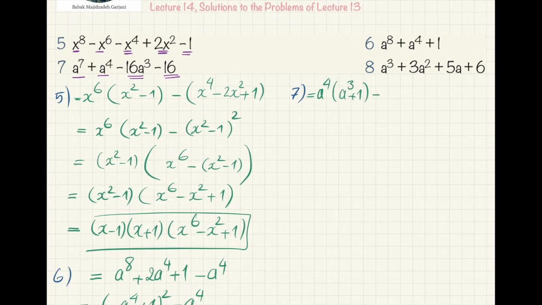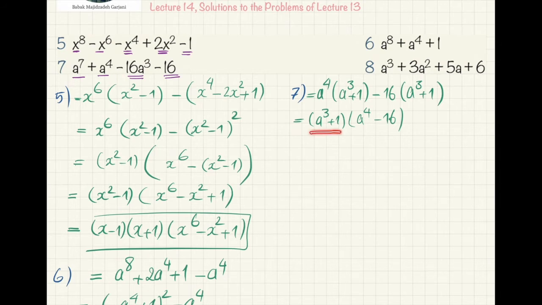I factor minus 16 out from the second group. It becomes a to the 3 plus 1 again. Yes, this is a good grouping, because this factor is now in common. So I pull it out, so it becomes a to the 3 plus 1, and then I have a to the 4 minus 16.